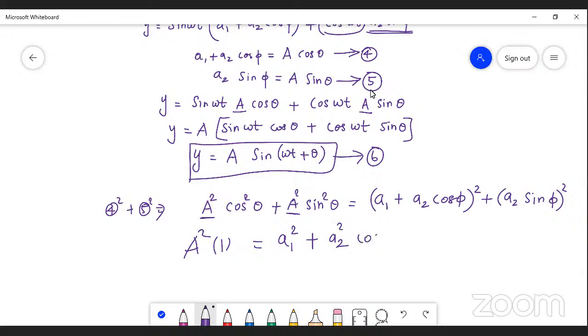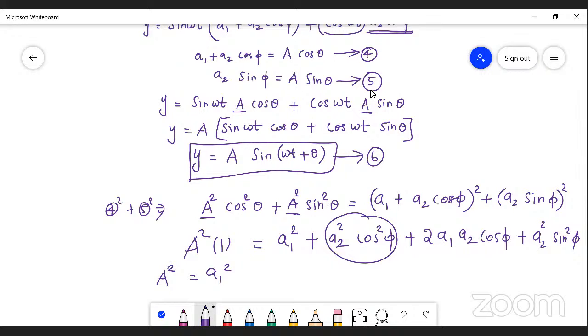A1 square plus A2 square cos square phi plus 2A1 A2 cos phi, and plus this is A2 square sin square phi. So for this amplitude, A square is equal to A1 square plus A2 square cos square phi plus A2 square sin square phi. The common factor is A2 square times cos square phi plus sin square phi, which is equal to 1.